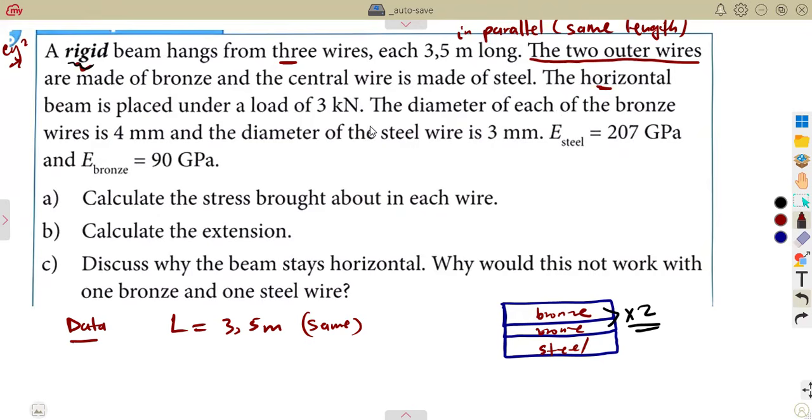The horizontal beam is placed under a load of 3 kilonewton, which is the total force. The diameter of each bronze is 4 millimeters.